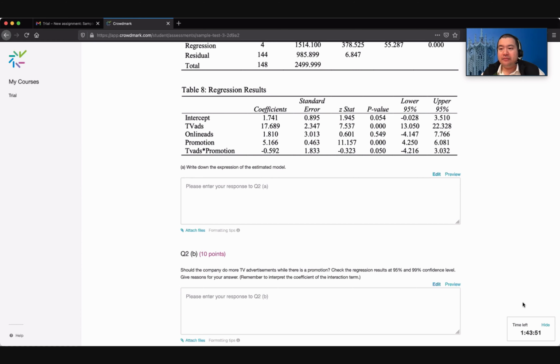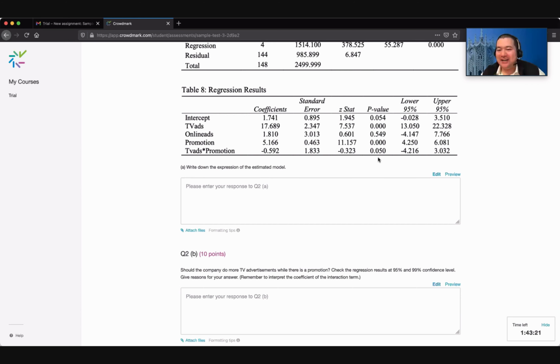I want to ask maybe someone to tell me the answer. Anybody want to be the volunteer? When the p-value is 0.05, is it significant at 95%? Yeah, because 95% means the critical p-value will be 0.05, but it will be quite close, but 99%, no, not statistically significant at all.